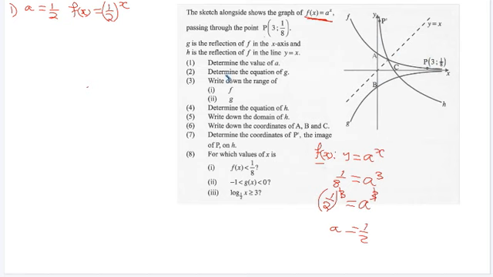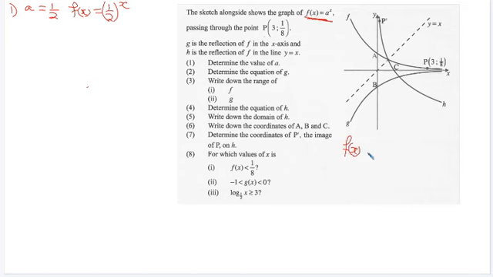The second question, determine the equation of g. There is our g, which is reflected in the x-axis, and we said reflection in the x-axis changes the sign of y. Let's change the sign of that y there. I'm writing y, the function of the f of x there.